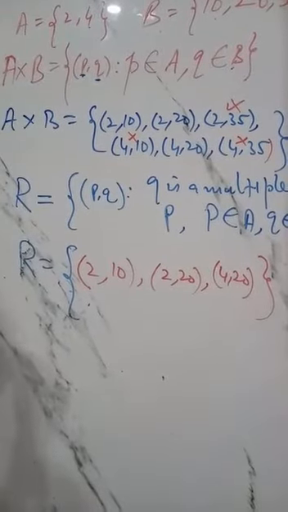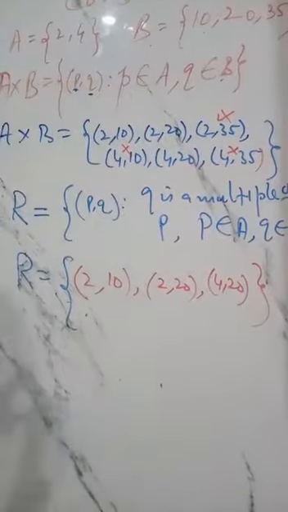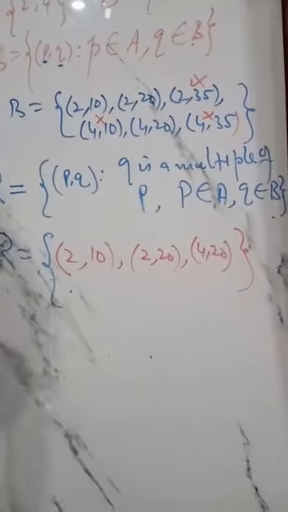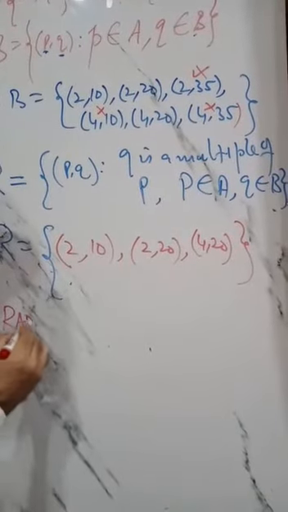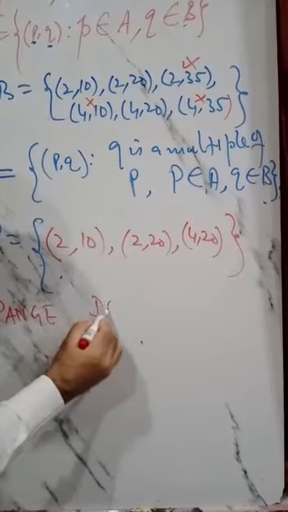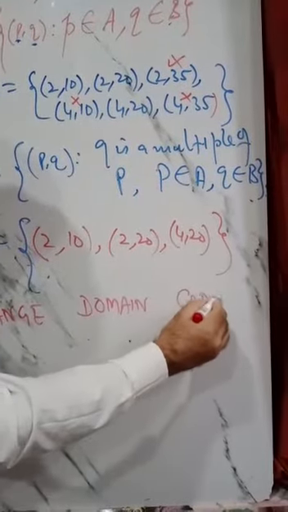Now we will understand what is range, domain and codomain. So we will write: range, then domain, and next codomain.